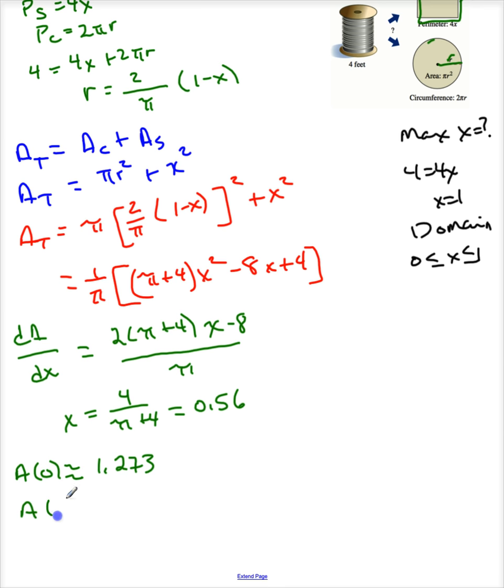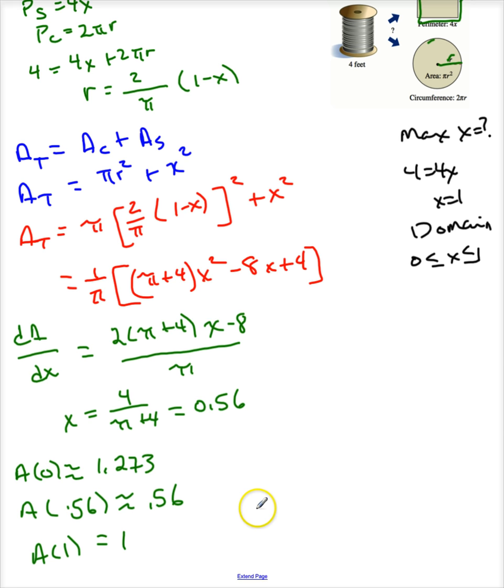The area at my point 4 over pi plus 4, so I'm going to put in 0.56 because that's easier to write, gives me an area of about 0.56. And then the area when x is 1 gives me 1, actually.